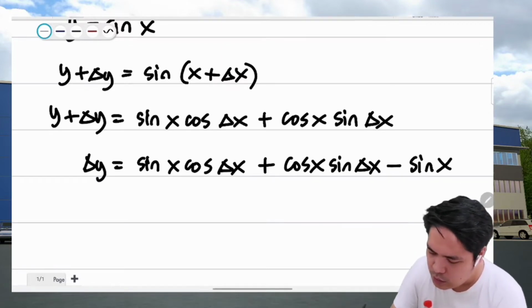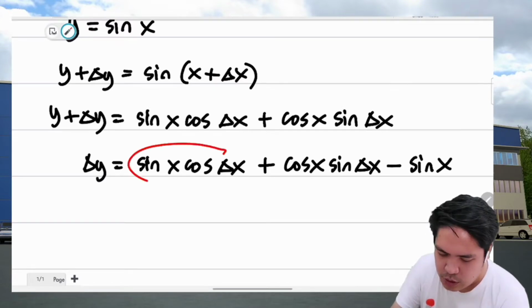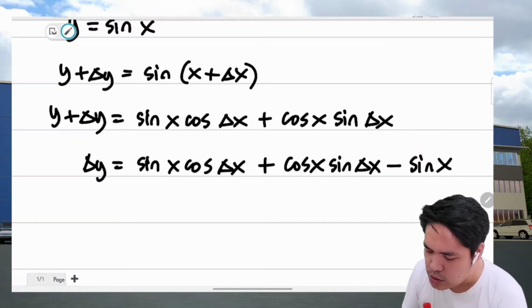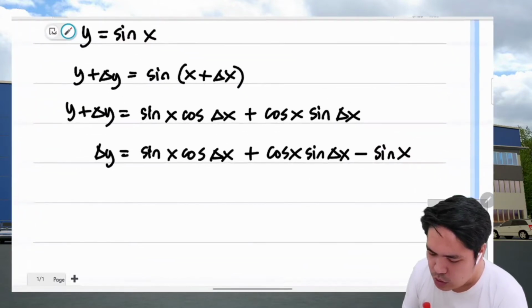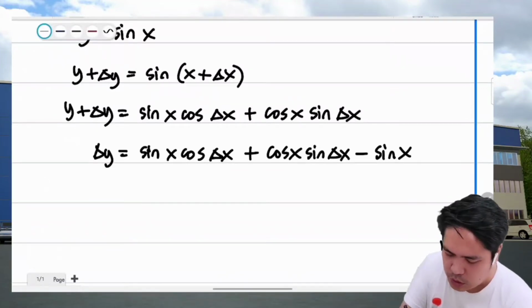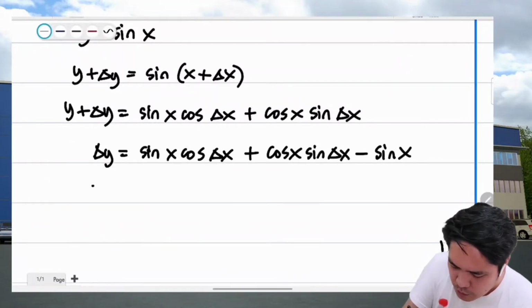And we can combine these two terms because sine x is common. If I factor out sine x... or wait, let's rearrange first. So we'll have delta y.